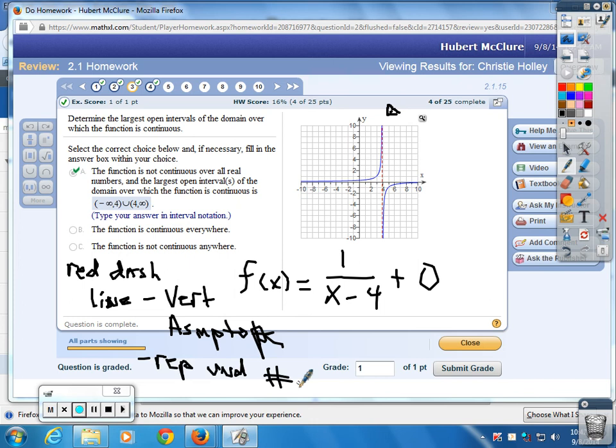What number makes this function blow up? 4. If you plug a 4 in here, you can't use 4. So that red dashed line represents your domain. You can use all numbers except for what? 4.